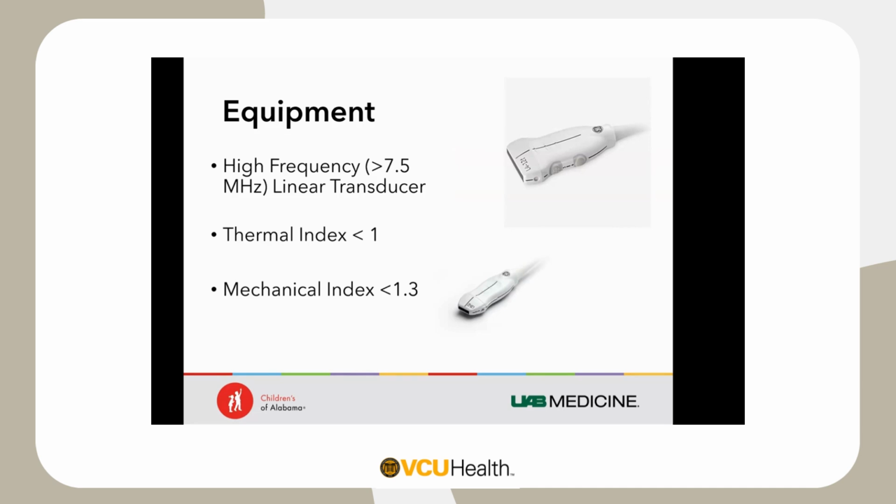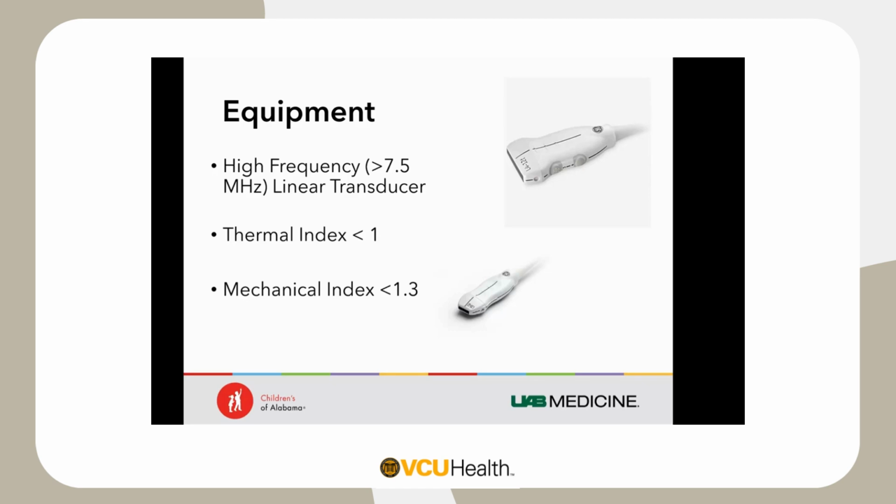And then we want to make sure that we are particularly sensitive and protective and low risk when we're getting these images. It's been described that we use thermal indexes less than 1, making sure that with the acoustic energy being formed with the ultrasound, we are being protective with the tissue heating.